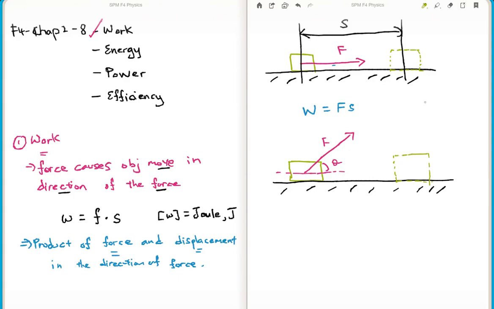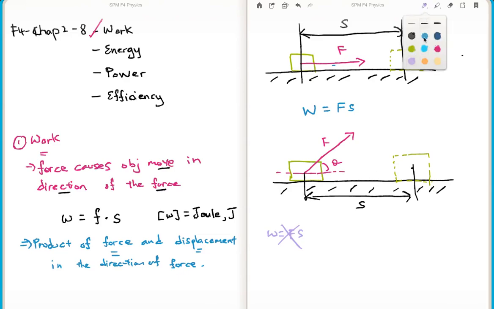So this object moves from here to here. What is S? Now please take note, the direction of force is now at an angle. So you thought the work done is Fs. It is not the case, because now the direction of force is at an angle. So you need to look for the component of force parallel to the displacement. This is left to right.